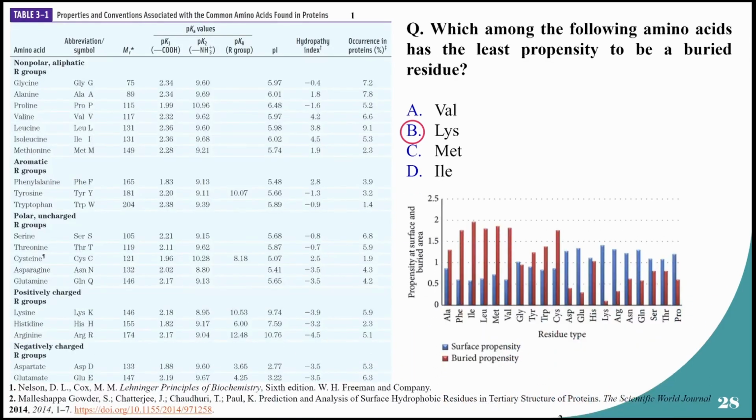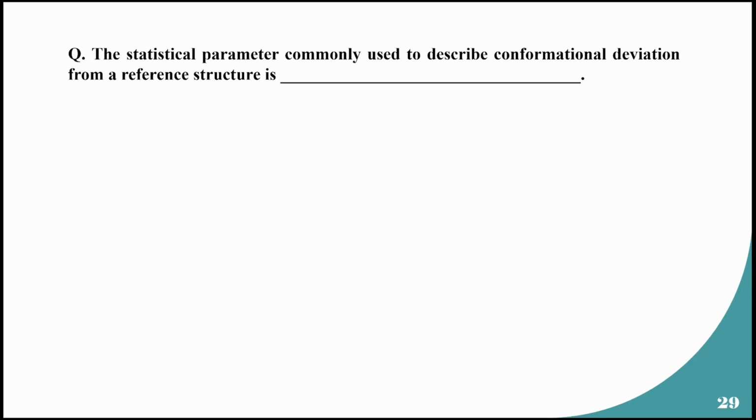So we saw this one earlier. Since we are talking about the structural aspects of proteins, let's say the same protein, the same residue length, has been crystallized by different research groups.